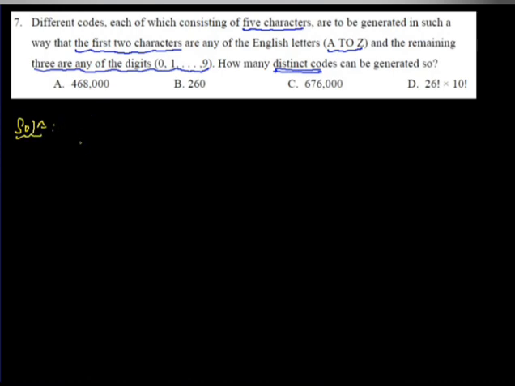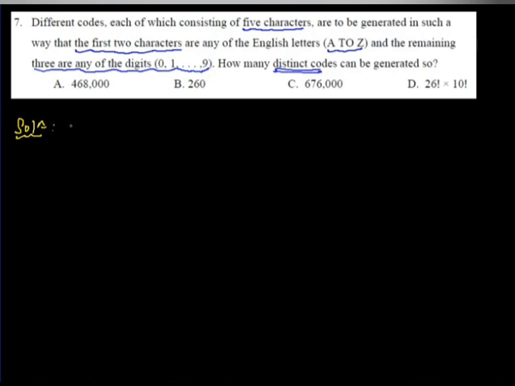There are 26 English letters. So we want to make distinct codes using A up to Z on the first 2 characters and 0 up to 9 on the next 3 characters.